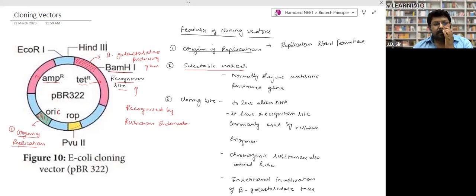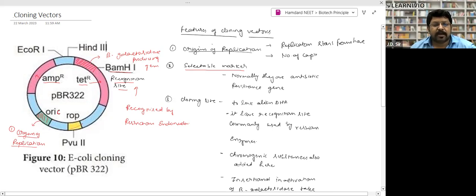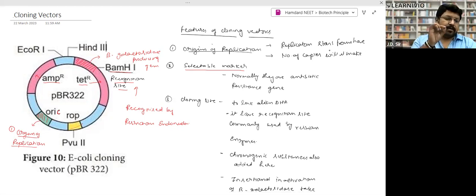Guys, come on, tell me. ORI also defines the number of copies it will make. After the replication, it will make 100 copies, 50 copies, 20 copies, 30 copies. The number of copies will also be decided by your ORI.